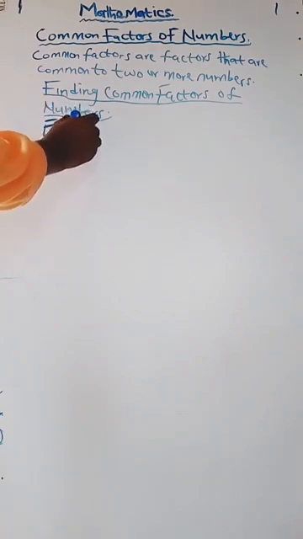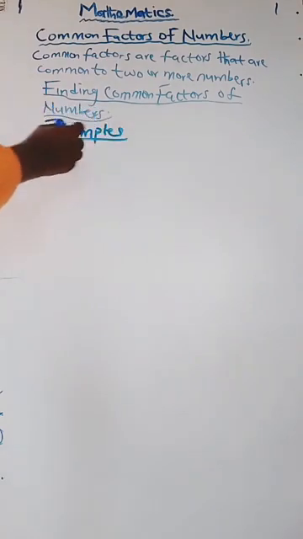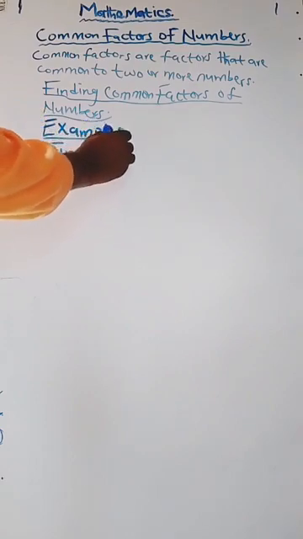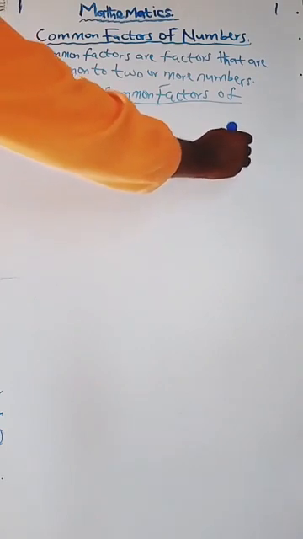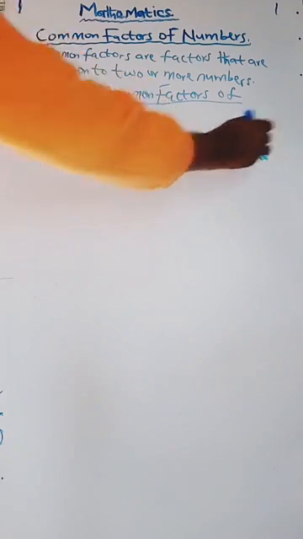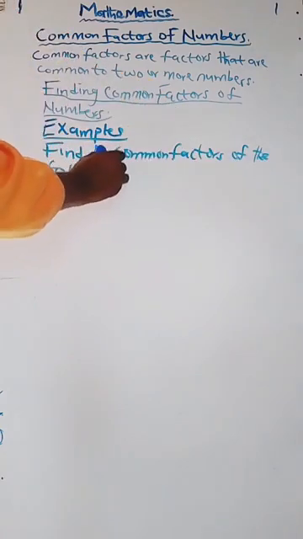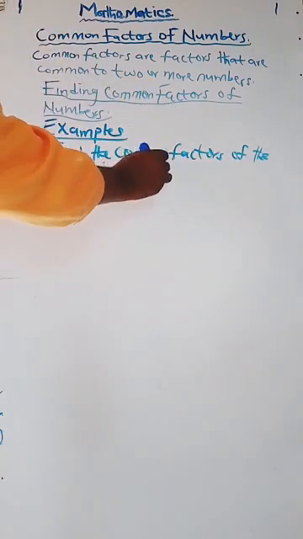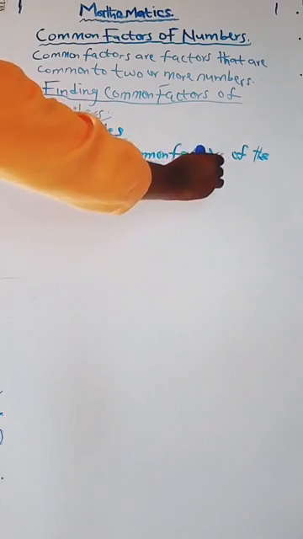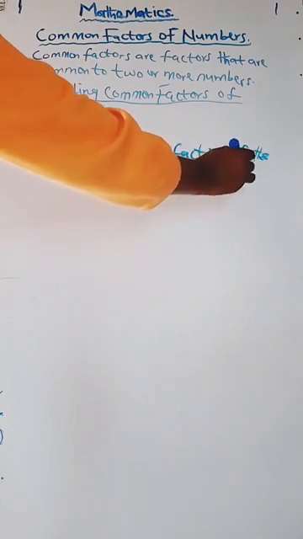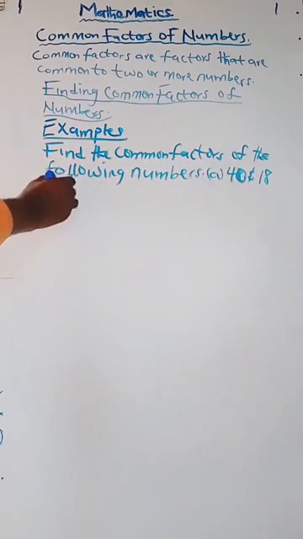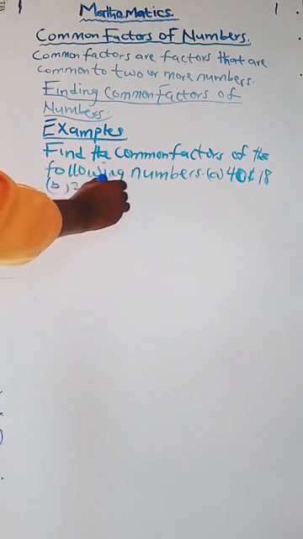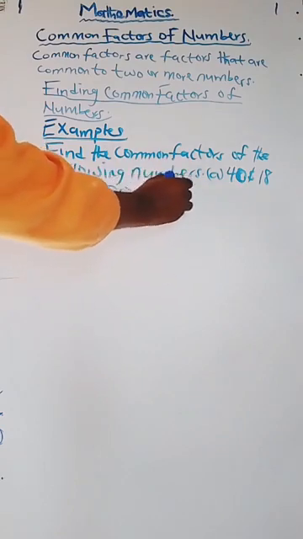Examples. Let's say you have a question that says, find the common factors of the following numbers: A, 40 and 18, B, 24, 30 and 36.